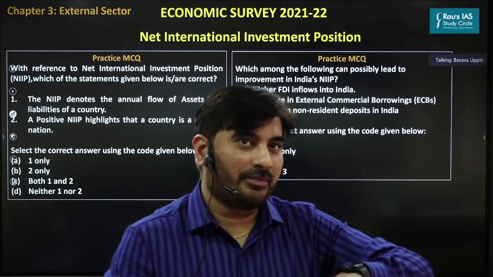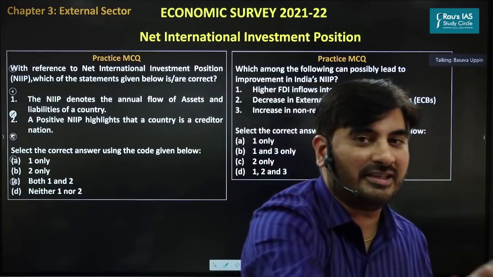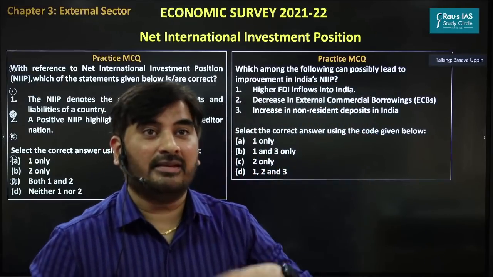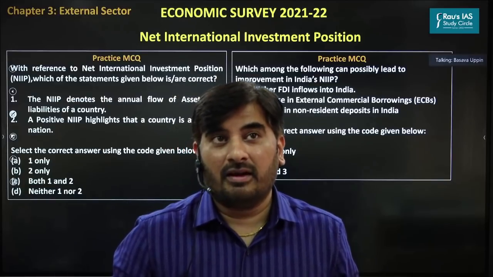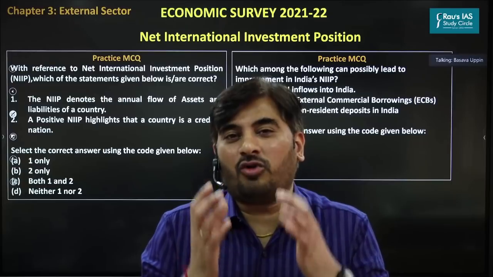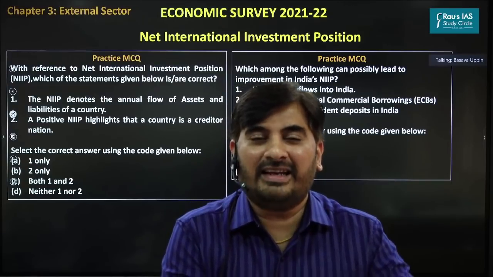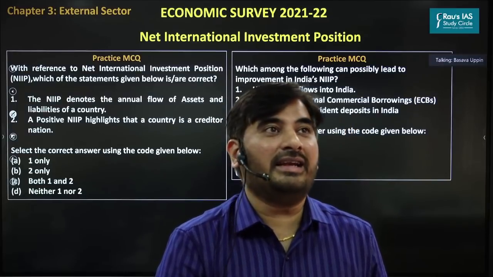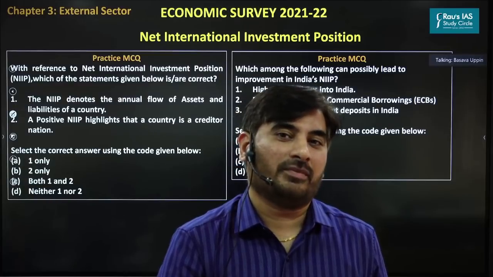Are you getting this point? So when we make investment in other countries, they become our assets. When foreigners make investment in India, they become our liabilities. So what is the total stock? The total stock of our external assets and external liabilities is calculated through the net international investment position.